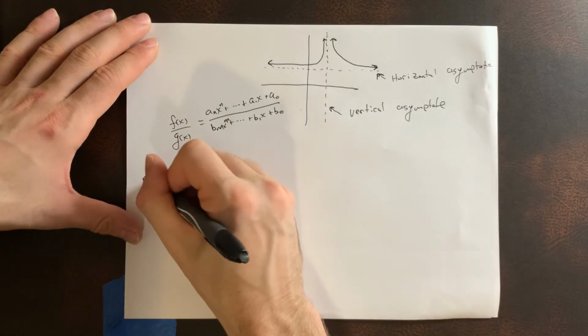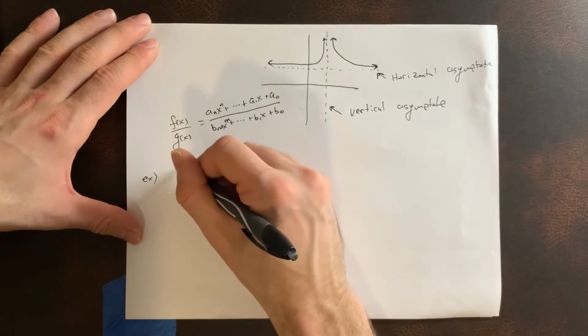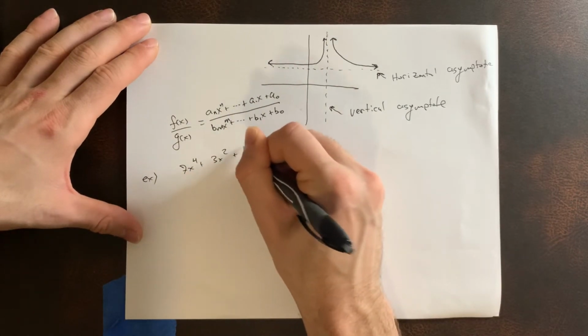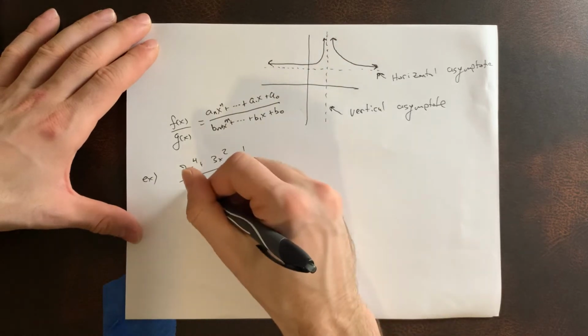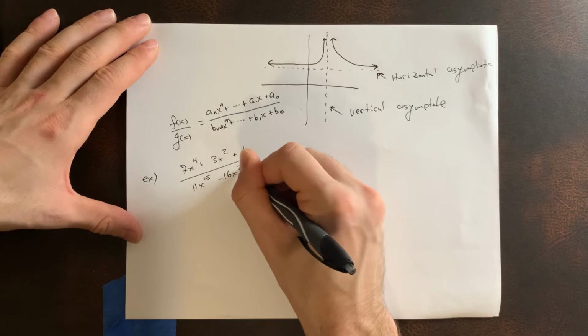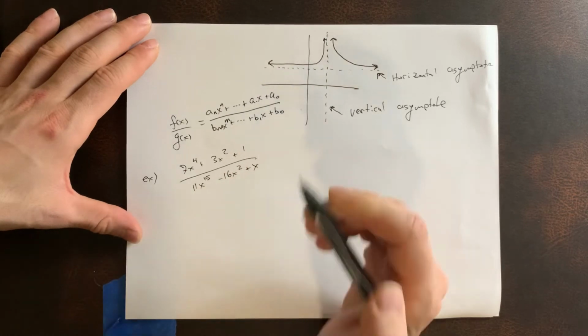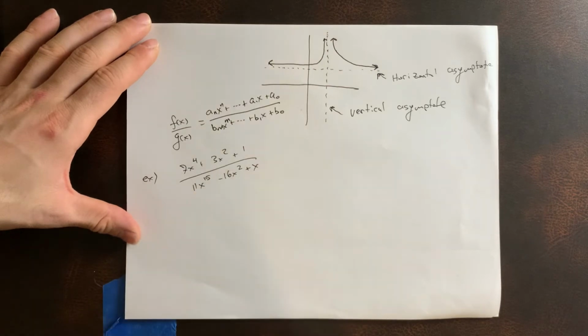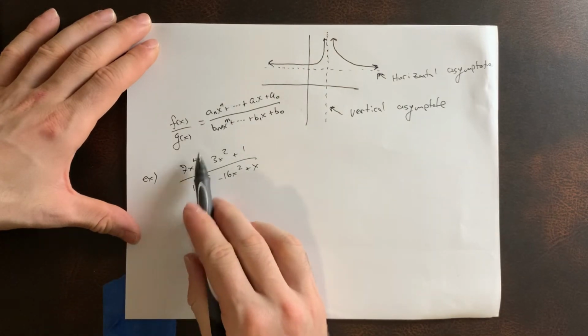A little example, a possibility for this one, maybe something like 7x to the 4 plus 3x squared plus 1, divided by 11x to the 15 minus 16x squared plus x. So this is the general form, this is just an example. So something that kind of looks like that. Basically just numbers and x's with powers.